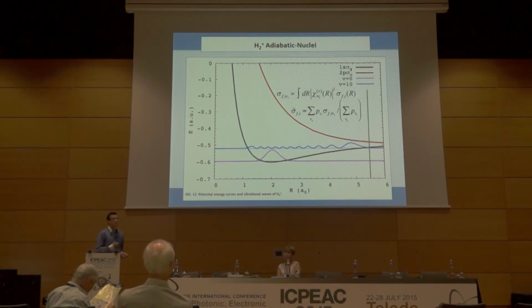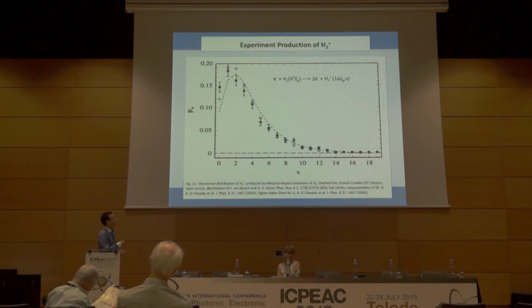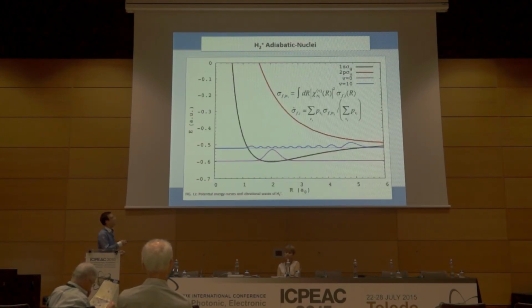And so what we used is an extrapolation technique to extrapolate our cross-sections as a function of the internuclear distance, and then we weighted and took into account those higher lying vibrationally excited states, which you can see don't account for much of the distribution. So we were able to fit the v equals 10 vibrationally excited state within that region.